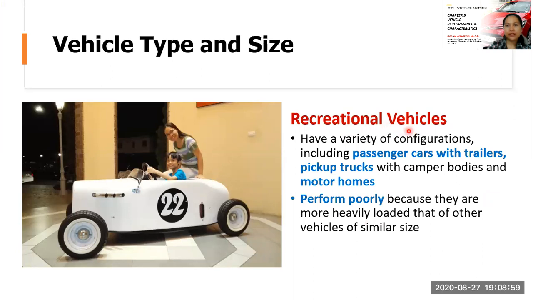And we have recreational vehicles, which have various configurations, including passenger cars with trailers, pickup trucks with camper bodies, and motorhomes. Usually, these vehicles perform poorly because they are more heavily loaded than other types of similar size vehicles.